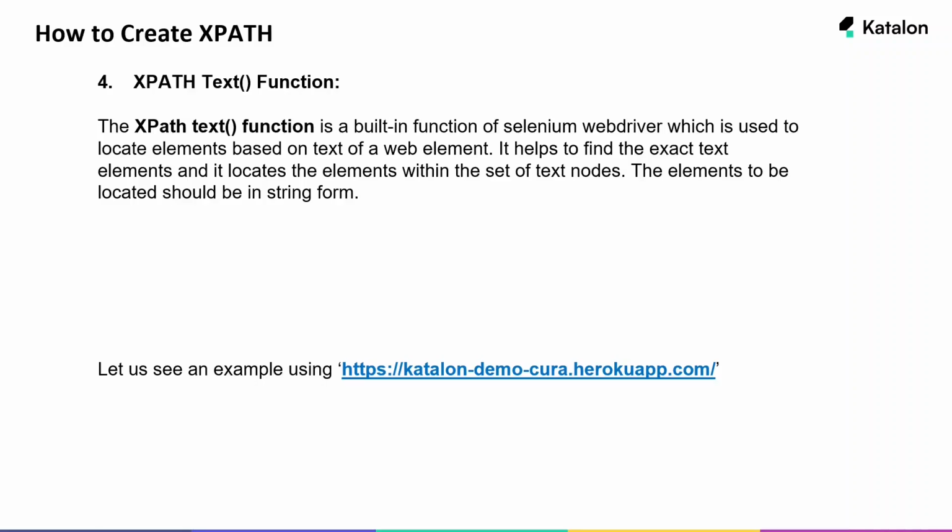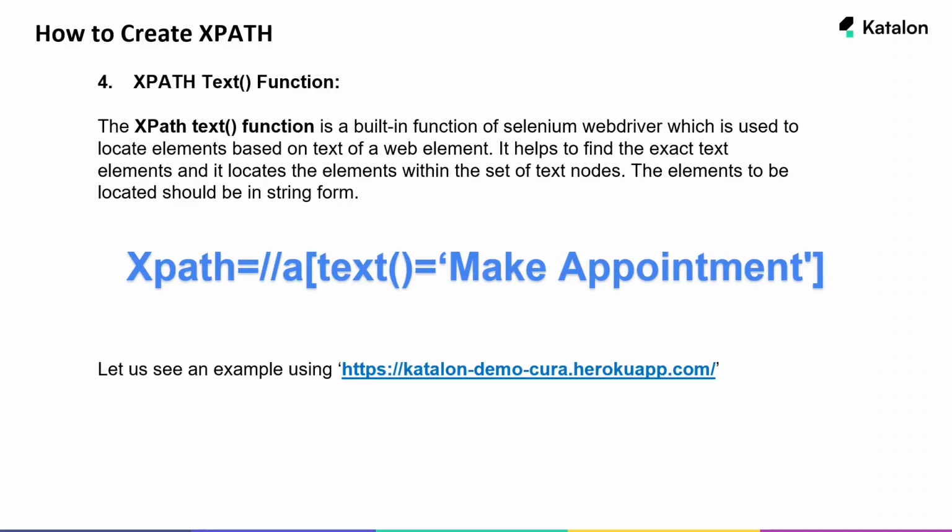So the elements to be located should be in string form. Basically the syntax is double forward slashes and your tag name, open square brackets, and then you write text, parentheses, equal to the text that you are looking for.